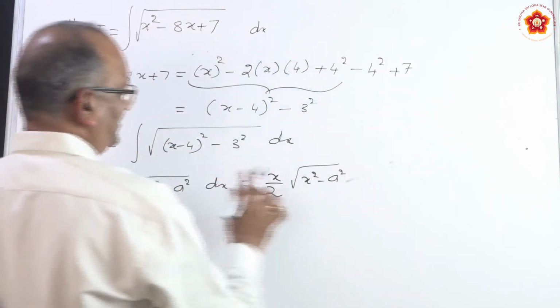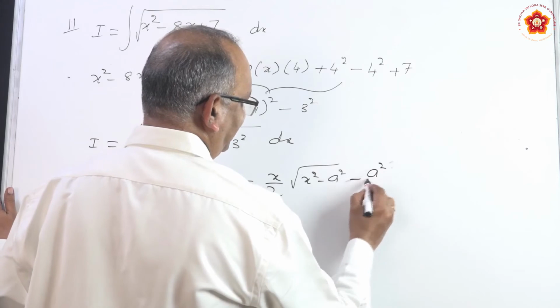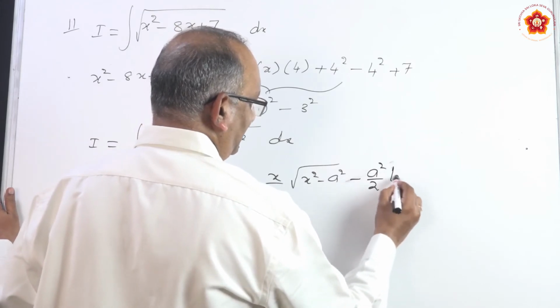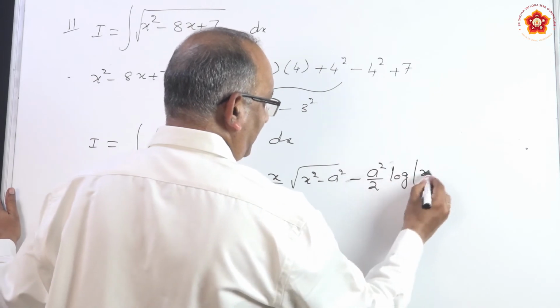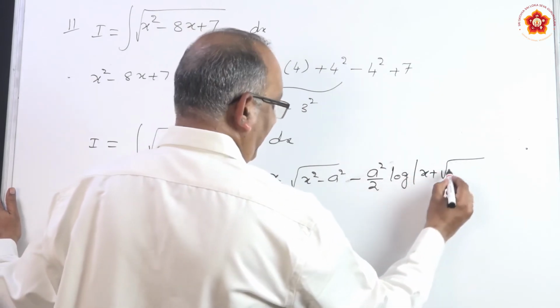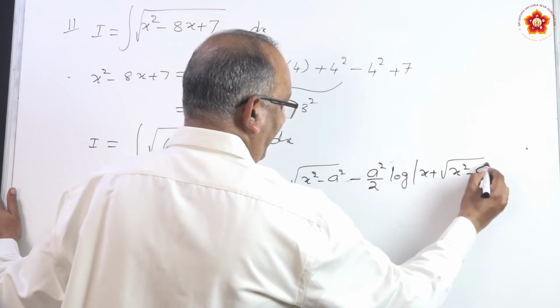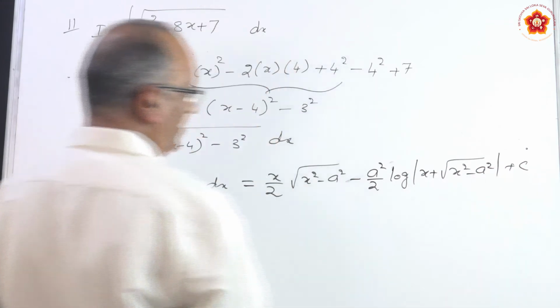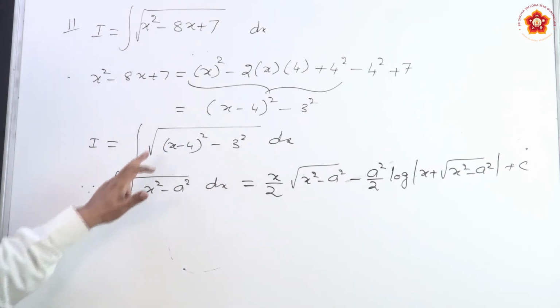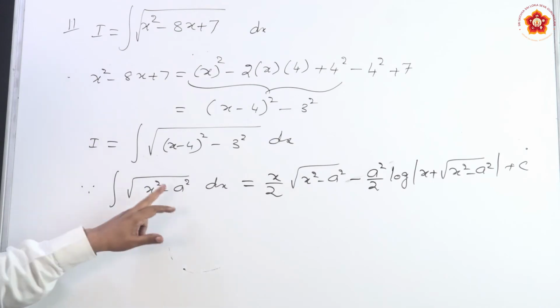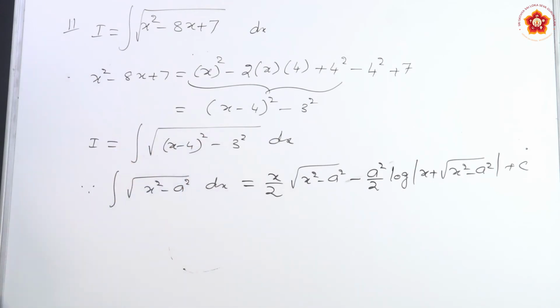Remember this is a minus sign. So, minus a square by 2 log. Use this formula. What is the difference? In place of x you have got x minus 4, in place of a you have got 3.